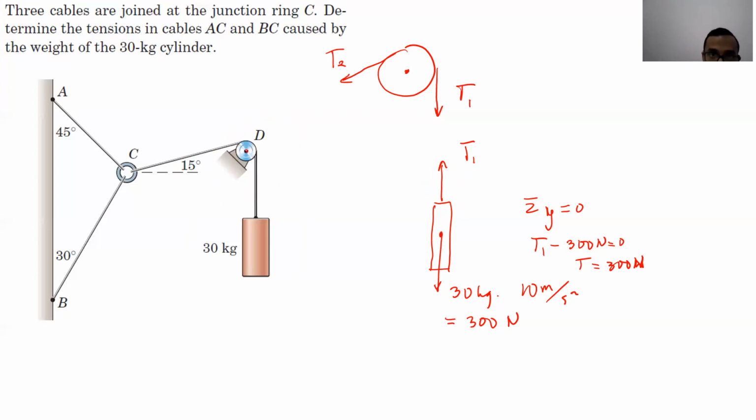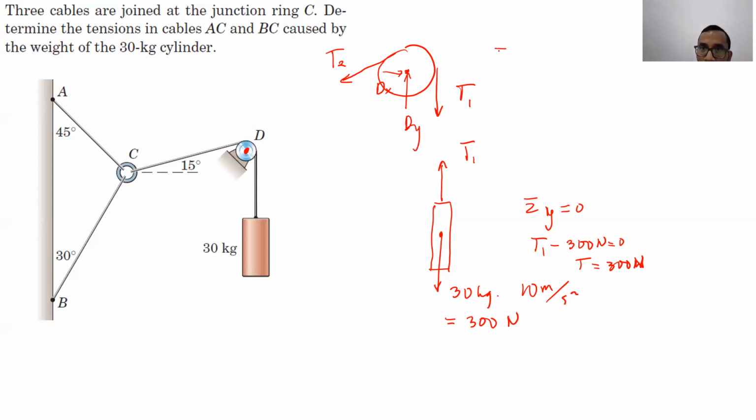At point D, there will be a reaction force from the pin. So we will have dy and dx over there. But remember, dy and dx is not asked in the question, so we don't have to solve that.